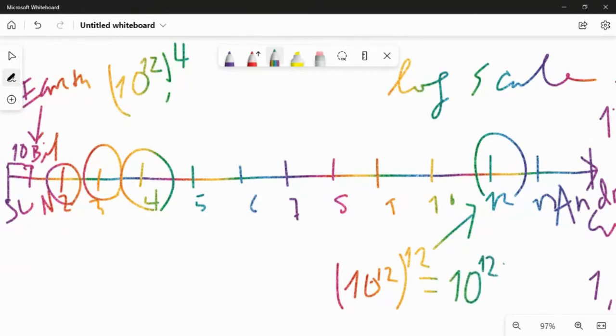Then you multiply: 10 to the 12 times 12. That's 10 to the 144th. So this can be managed, right?